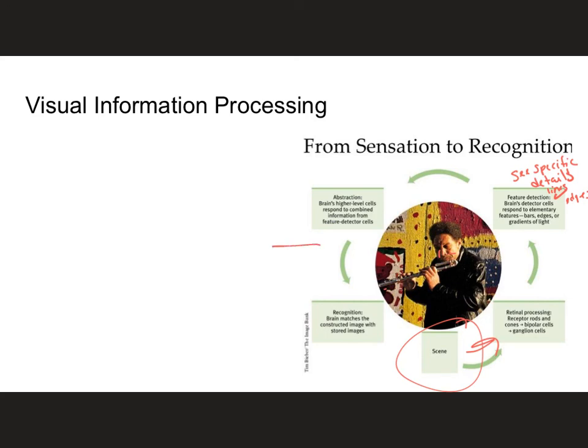This all happens in parallel processing. So we talked about dual processing, where we have the two lanes, the upper and the lower, and the upper being things that we're aware of, and the lower being things that we're unconscious of, right? Well, the parallel processing is the upper part of the dual processing. And what this is saying is that we can do multiple things at once.